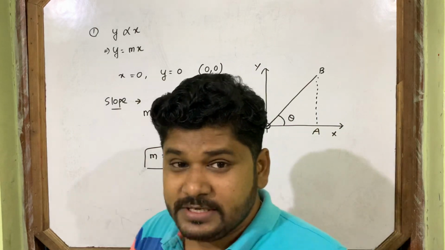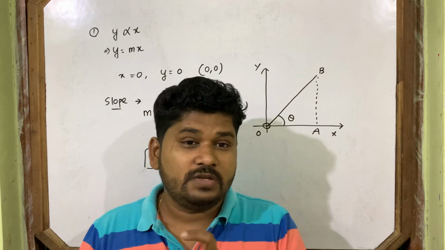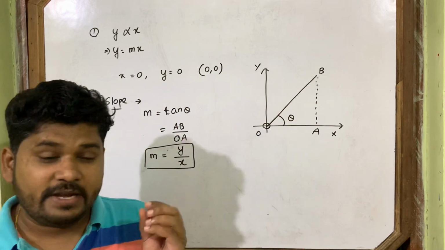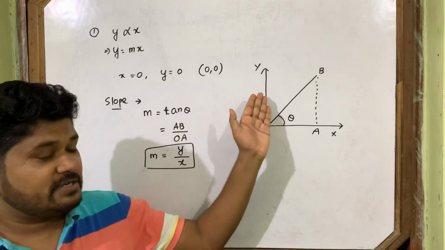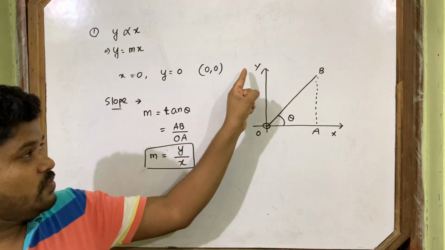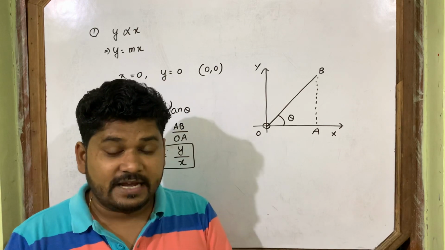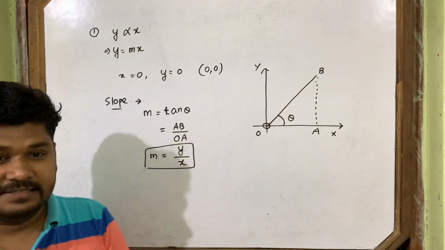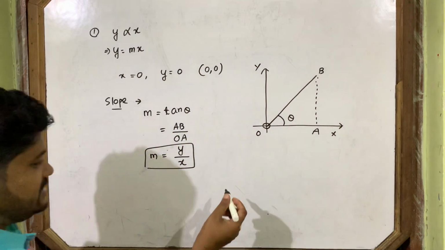Remember this, you will use it throughout physics, in all chapters. Whenever any graph comes and the question is asked, slope provides what, you will simply do y by x, see the quantity, and find it easily.